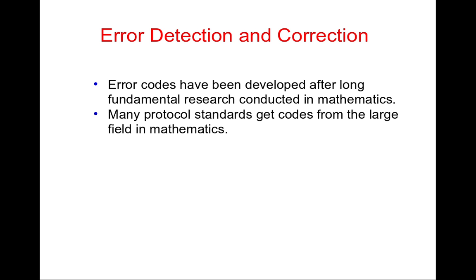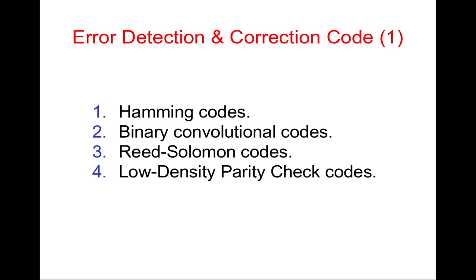So that is the contribution of mathematics here. The error detection and correction codes will be seen. The first such code, an error correcting code, is the Hamming code. There are many such codes, but we'll only see the Hamming code here.